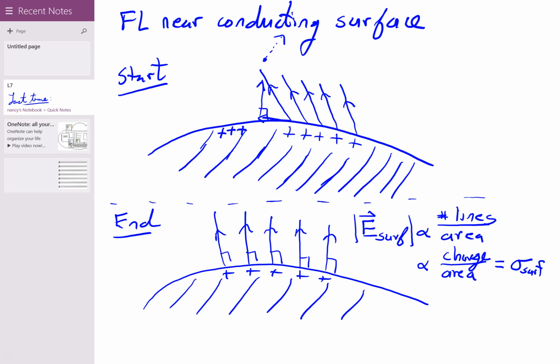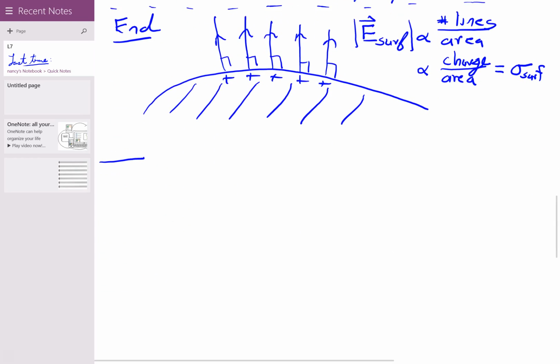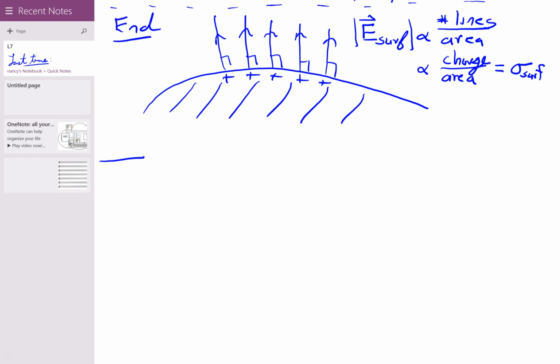So let's try to apply Gauss's law to this specific situation in order to answer this generic question of what is the quantitative relation between surface charge and electric field strength. So we're going to move up half a page here and see if we can do a Gauss's law analysis.